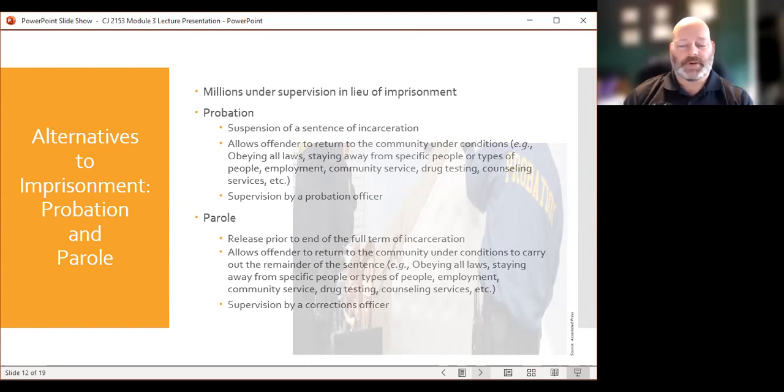It allows the offender again to return into the community under certain conditions, and they're very similar to probation conditions, but they carry out the remainder of their sentence while in the community. And they're heavily supervised by a member of the state corrections department, a parole agent.